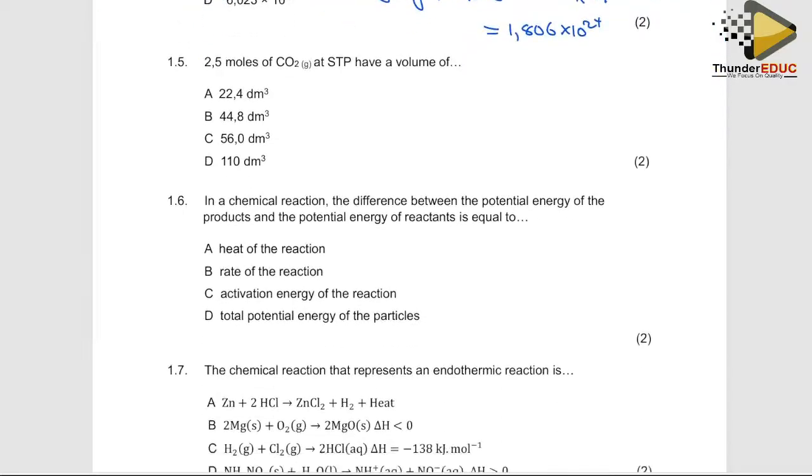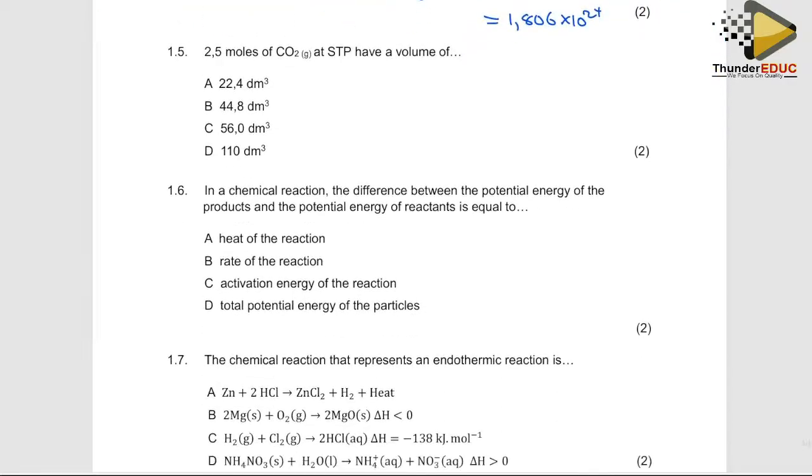Then I proceed to 1.5, which reads: 2,5 moles of carbon dioxide gas at STP has got a volume of. So in terms of this, what's the volume of this? I'm going to say 1 mole of any gas, just to explain there, is equivalent to or occupies 22,4 dm cubed, right?